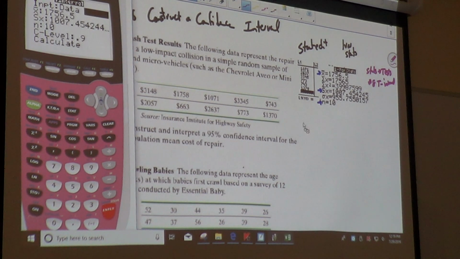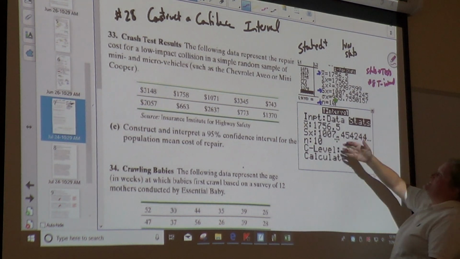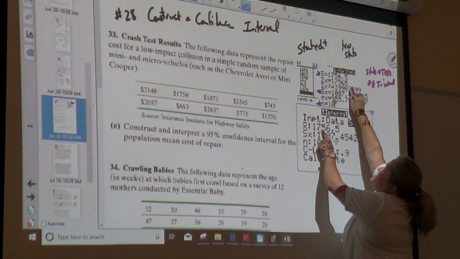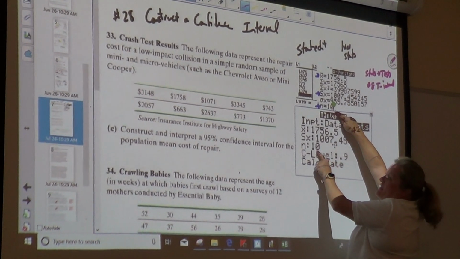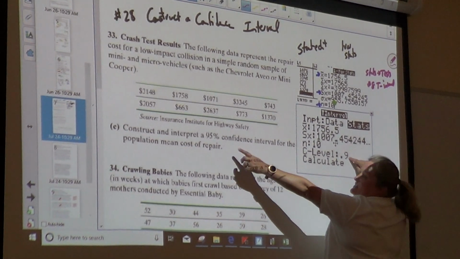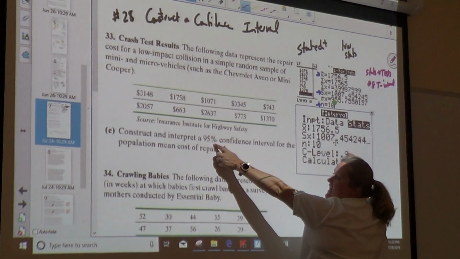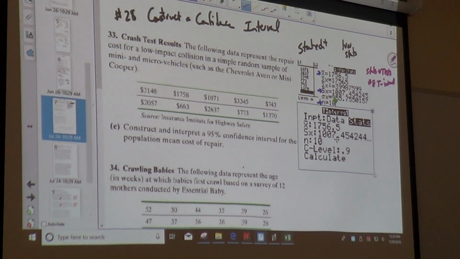Now, the good news is, when I did the 1-var stats, it sucked everything over: my x-bar, my sx, and my n. The only thing that it didn't suck over is my confidence level.